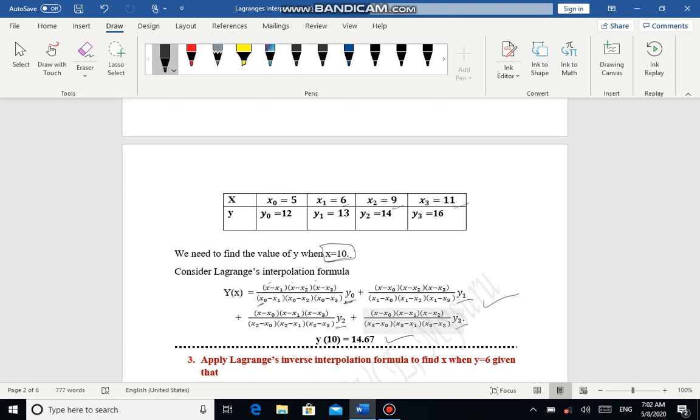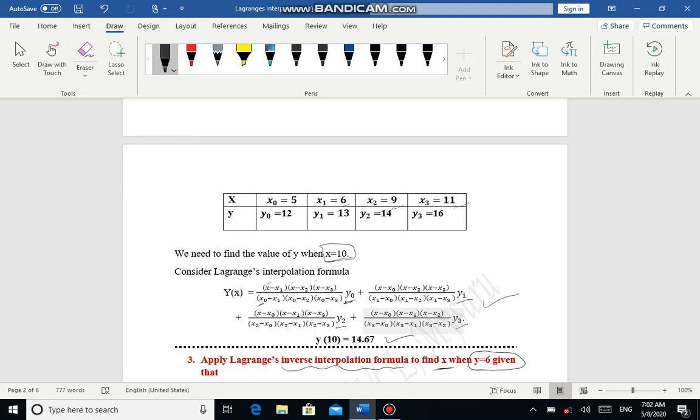That's it. Now in the next problem, apply Lagrange's inverse interpolation formula to find x when y is equal to 6. Observe here, we need to find the value of x, not y. When you are finding the value of y, we use Lagrange's interpolation. But when you are finding the value of x, we use Lagrange's inverse interpolation formula.